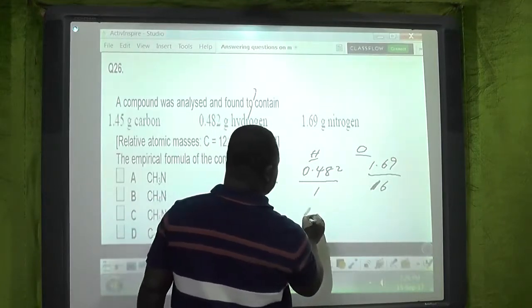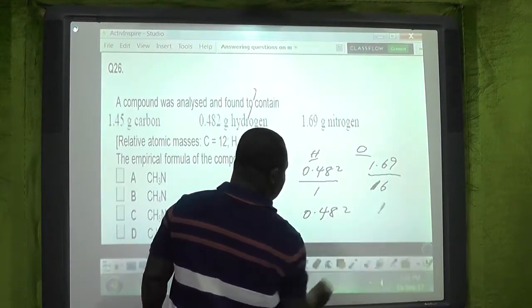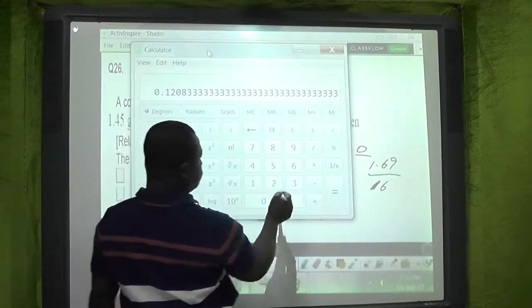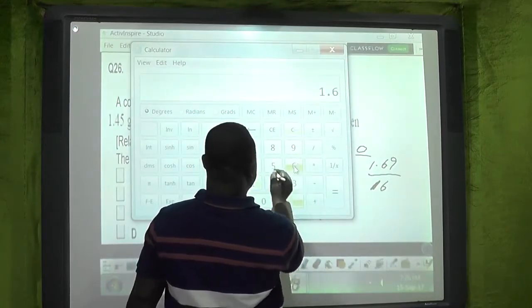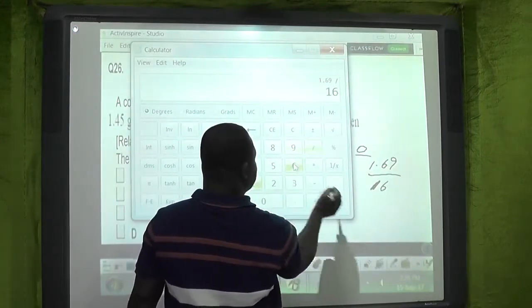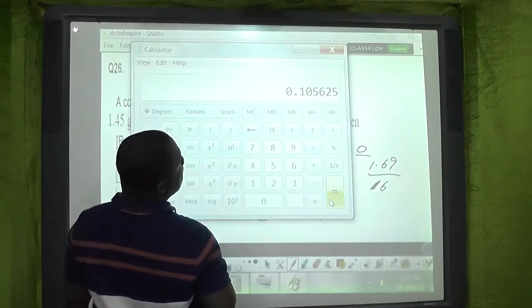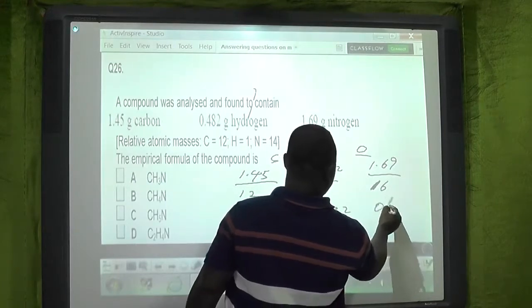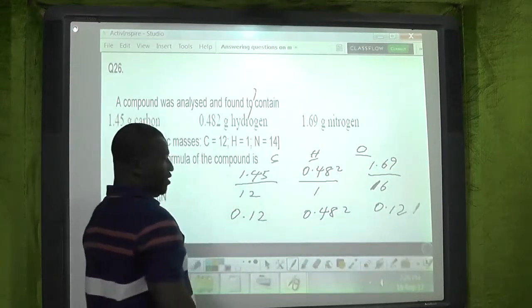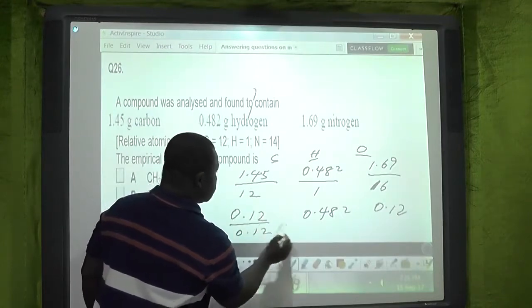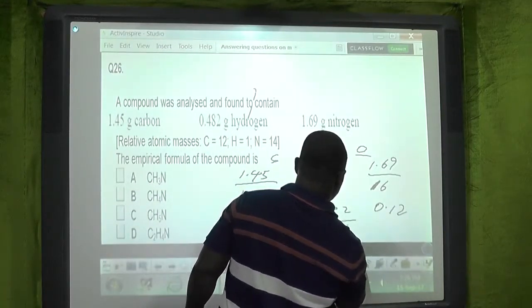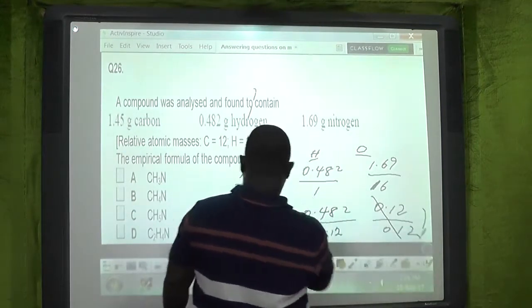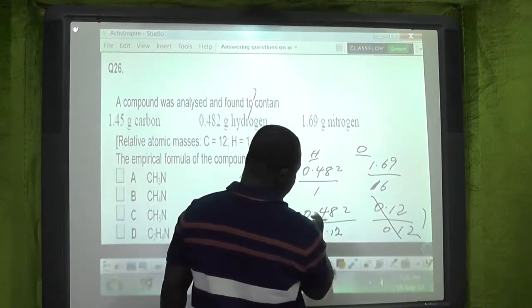And this is 0.4, and this 1.69 divided by 16 also gives me 0.12. So divide by 0.12, which is the smallest. So this will be 1, this will be 1, and this is about 4.